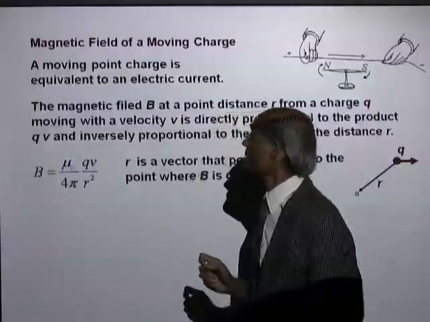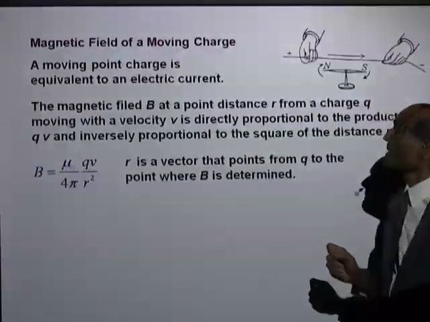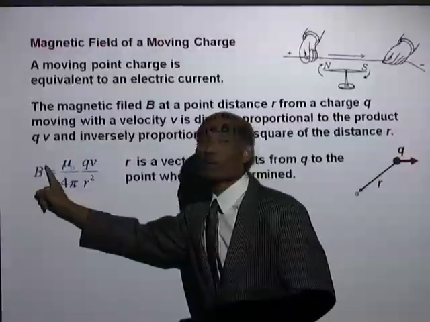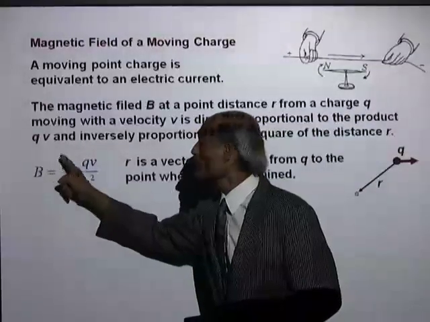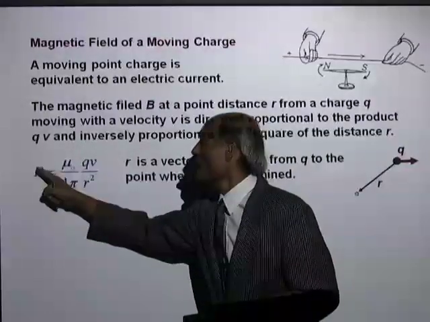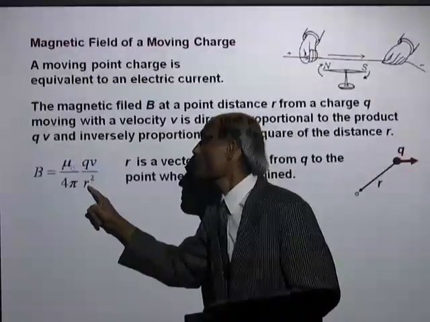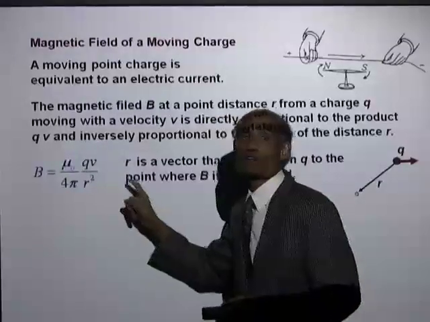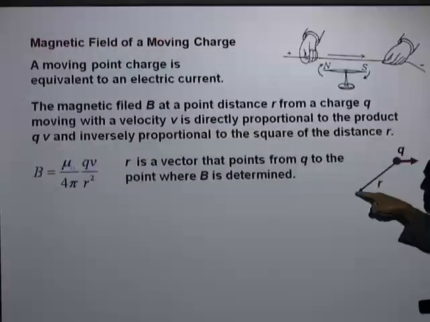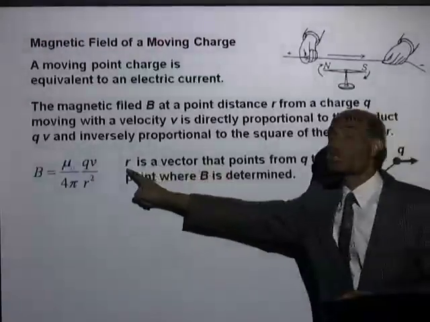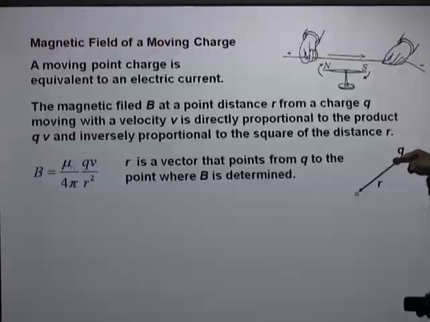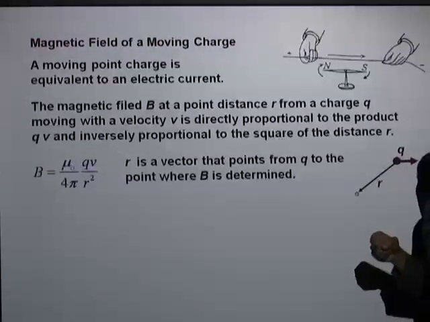Mu 0 is a quantity that we will see as we move on. So the magnetic field is directly proportional to the quantity Q times V and inversely proportional to the square of the distance from the moving charge to the point. And this distance R is a vector that points from Q to the point.